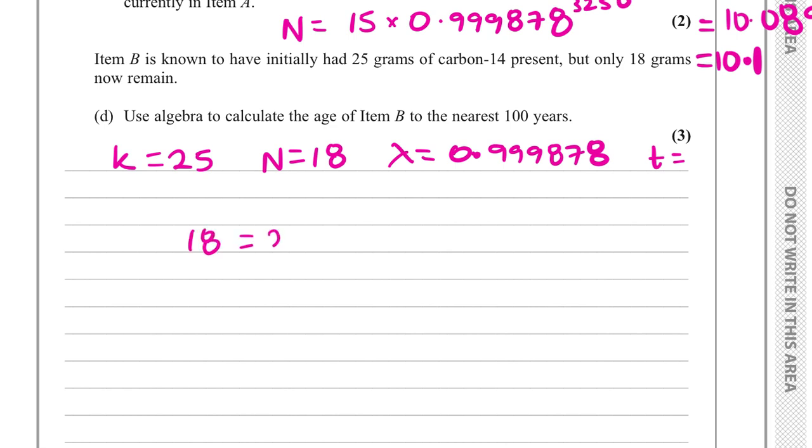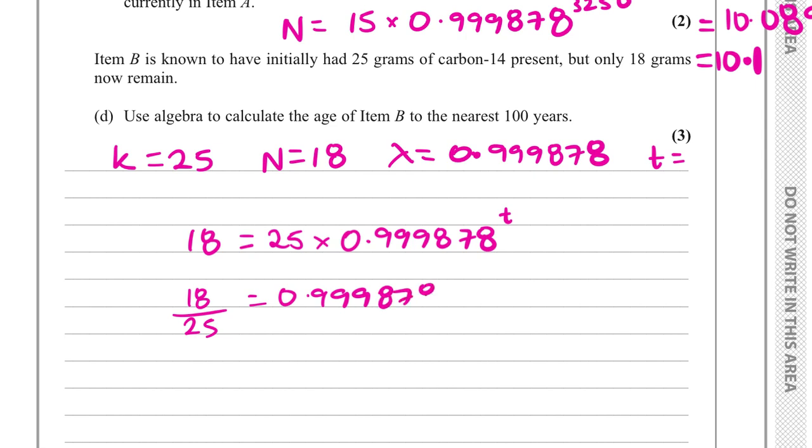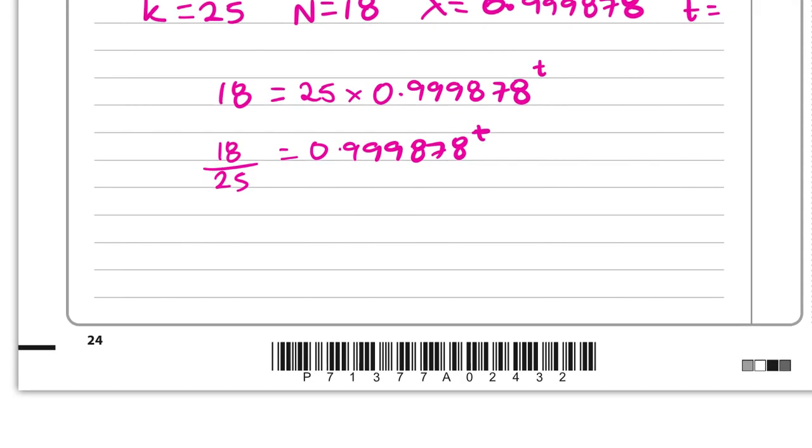18 equals 25 times 0.999878 to the power of t. I'm going to divide both sides by 25. Now what am I going to use? Logs. Exactly what I wanted to do.